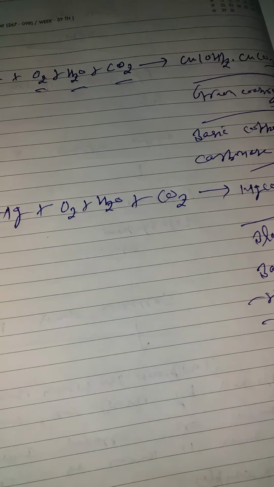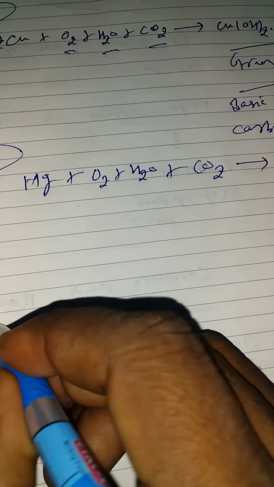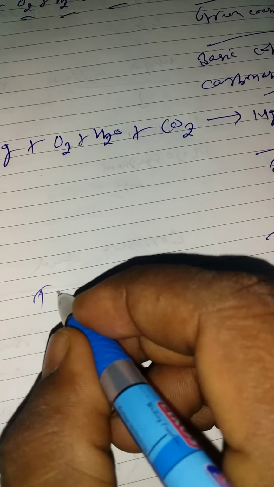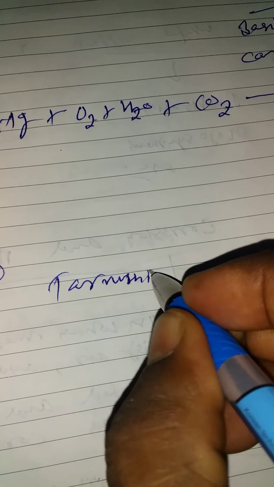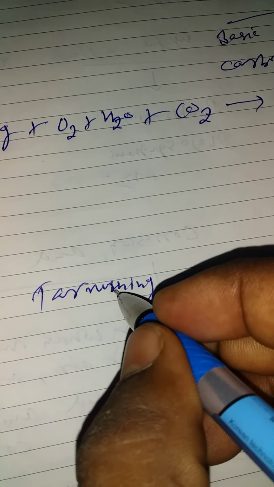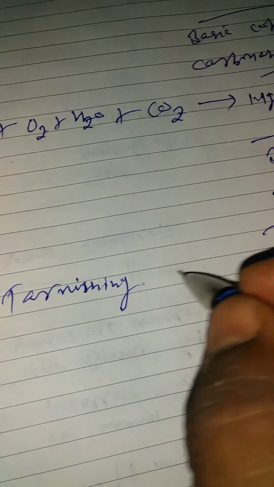One important example is tarnishing of silver.